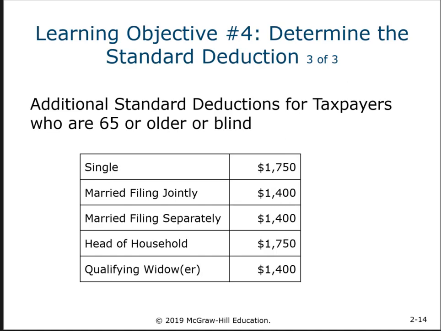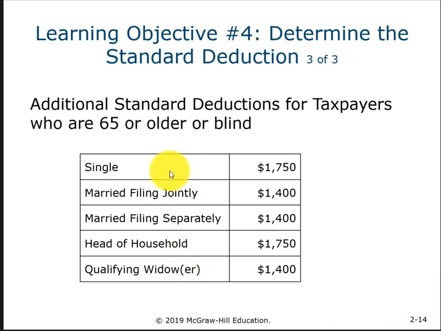So what you could end up with is $25,900 plus $1,400 if you're over 65, plus $1,400 if you happen to be blind, plus $1,400 if your spouse is over 65, and plus $1,400 if your spouse is also blind. That's the maximum of your standard deduction. So that is how this plays out based on your filing status.